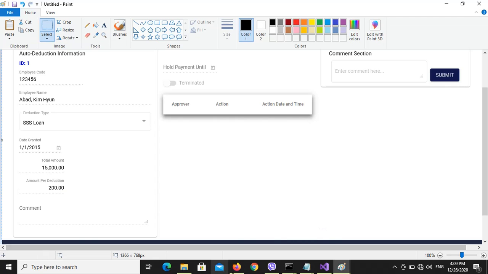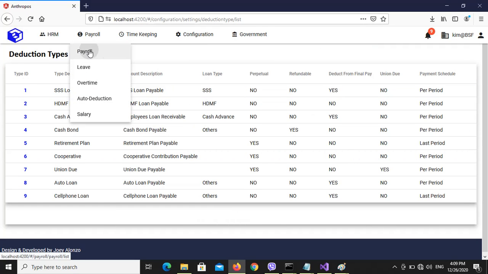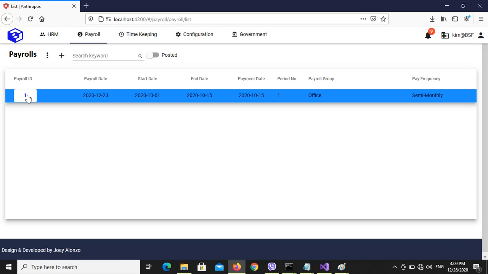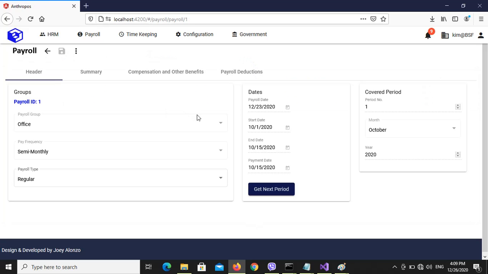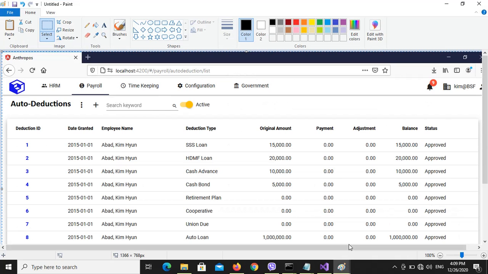So let us now go to the payroll here. As you can see, for Abad Kim Yun, these are automatically deducted for her because these are all present here.